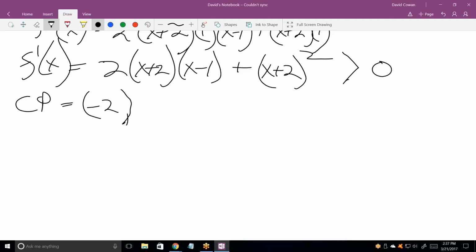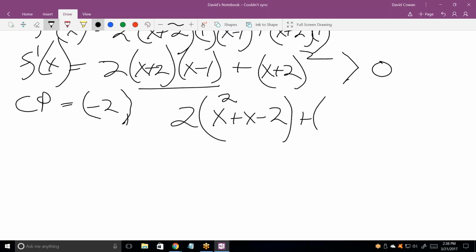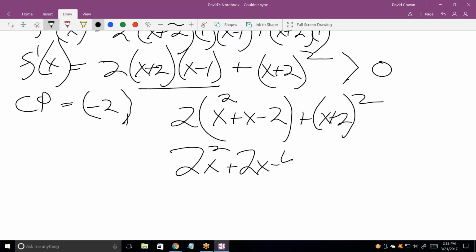So we have to solve this. First thing I'm going to do is multiply those two together, because I've got a lot to simplify here. Okay, so that's x squared plus x minus 2 all times 2 plus x plus 2 squared. Well, we need to multiply this out because I got a lot of simplifying.